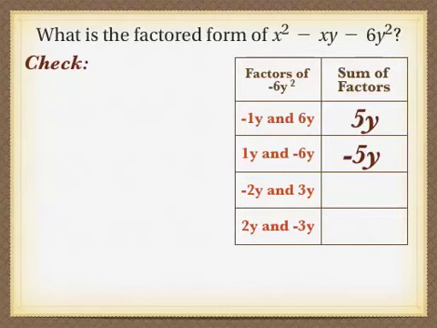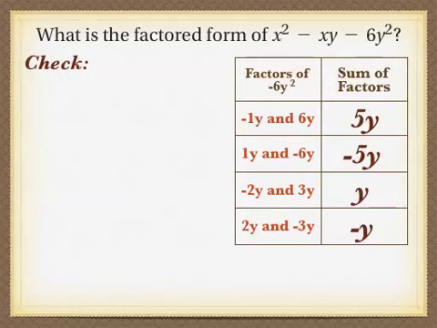Negative 2y times 3y would give you negative 6y squared, but their sum would be a positive y. And then 2y times negative 3y would give you negative 6y squared, and their sum would give you a negative y.